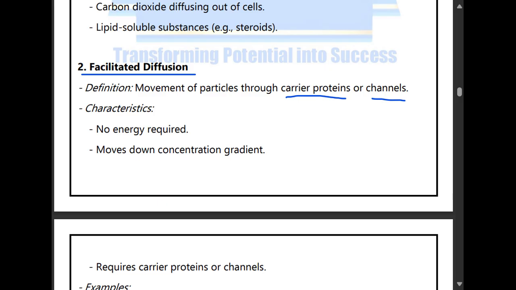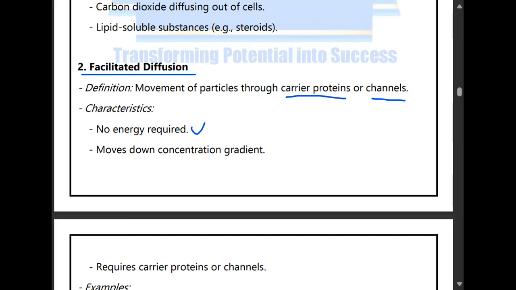The key characteristics that make up facilitated diffusion are that, the same way simple diffusion never had expenditure of energy, that is also what happens under facilitated diffusion. The same way particles were moving down the concentration gradient, that is how they also move in facilitated diffusion.